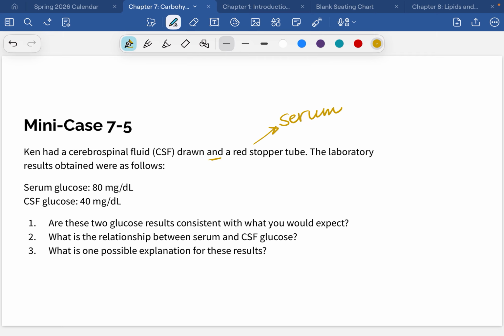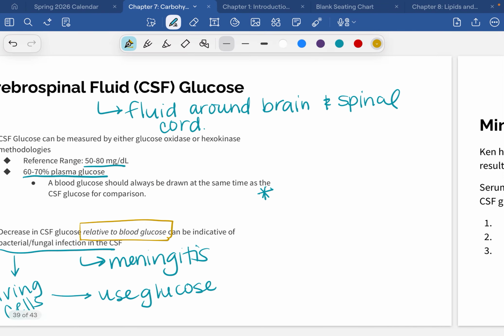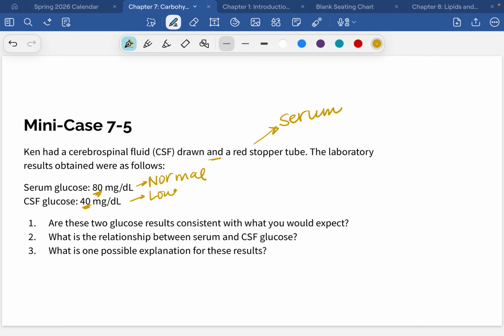The reason is this right here is a normal serum glucose. This CSF glucose is a little bit low in absolute terms, meaning that we expect it to be between 50 and 80. So 40 milligrams per deciliter is a little bit low, but we would also expect the CSF glucose to be about 60 to 70% of the serum.